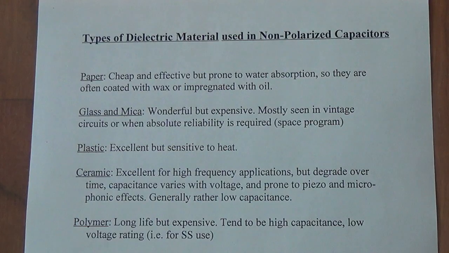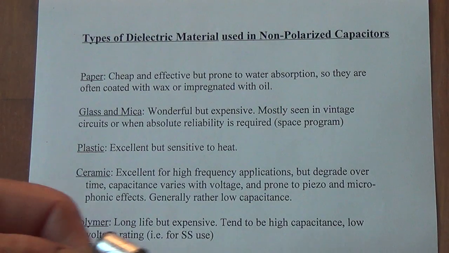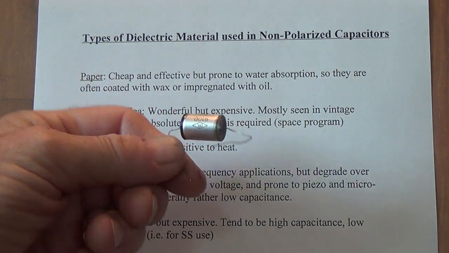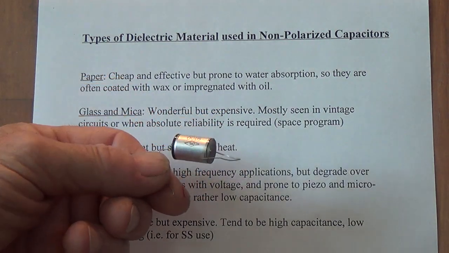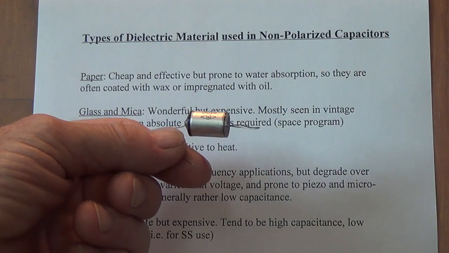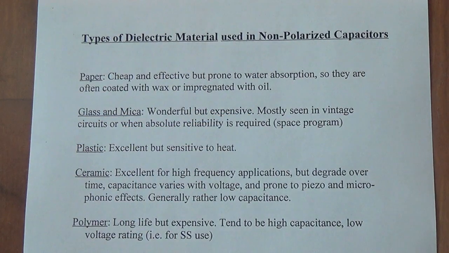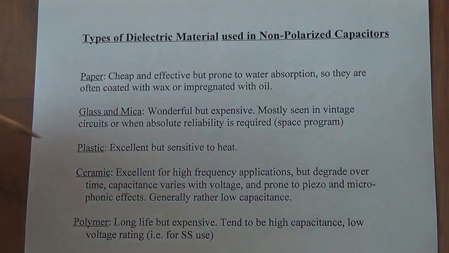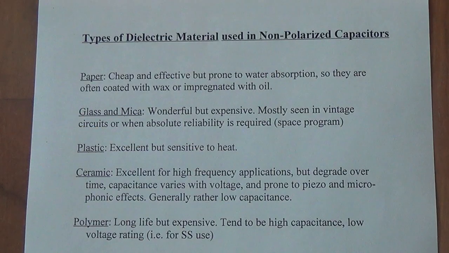Also, you will have plastic, or in this case polystyrene audio precision capacitors that are fairly expensive. They offer really high accurate and stable capacitance. Their downfall being, if there is one, that they are sensitive to heat.